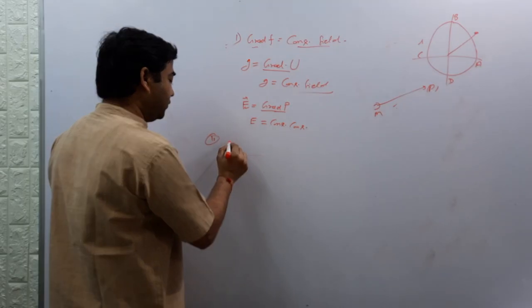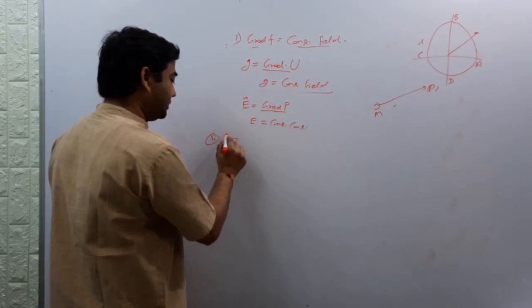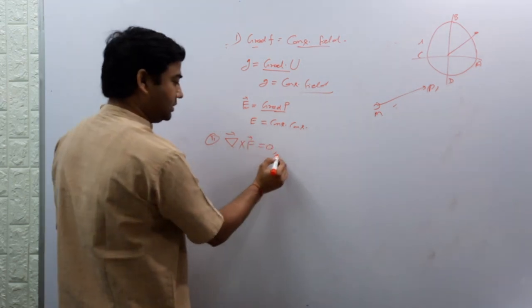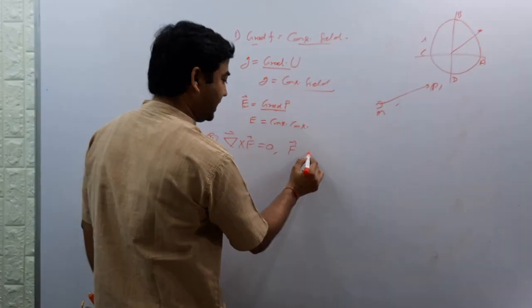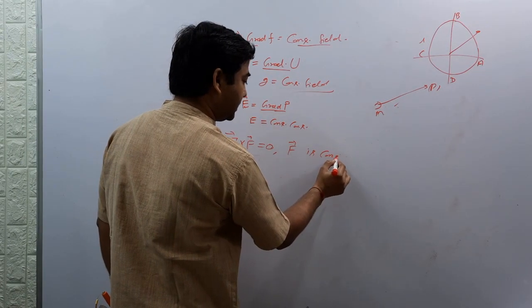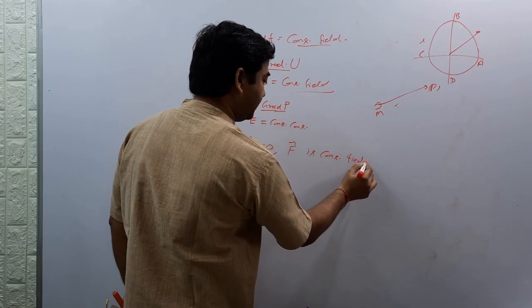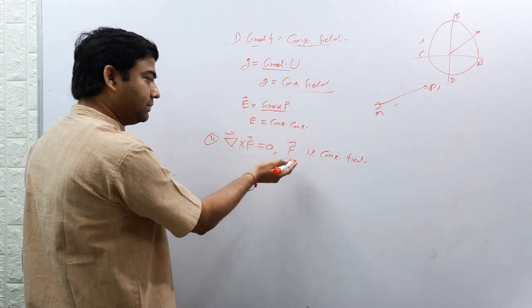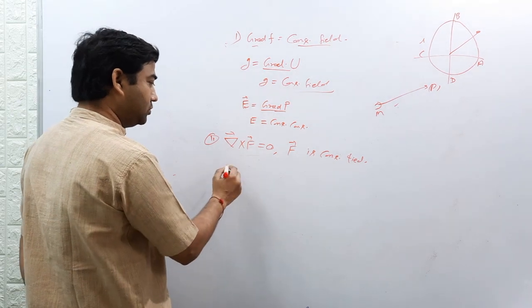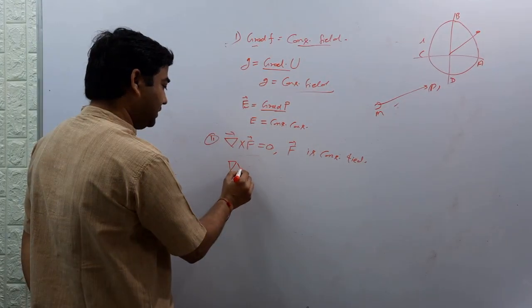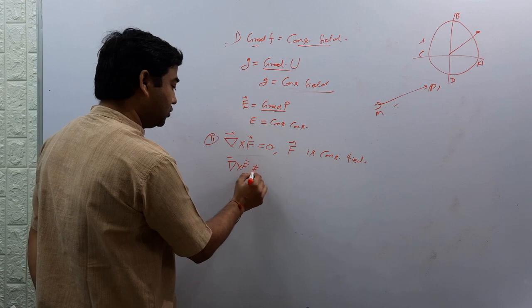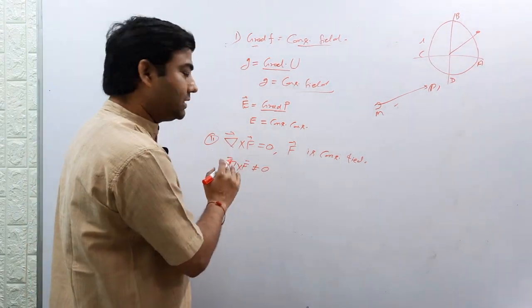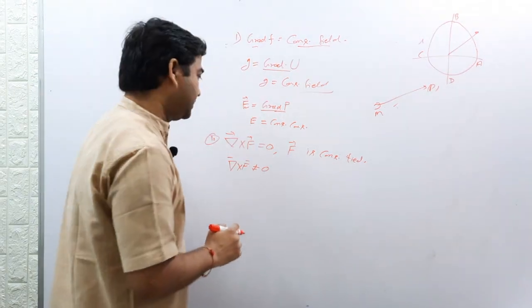Second, for a conservative field, if the curl of a field is equal to 0, then F is a conservative field. But you must remember that the reverse is not true. That is, if the curl of a vector field is not 0, then it is not necessarily a non-conservative field.